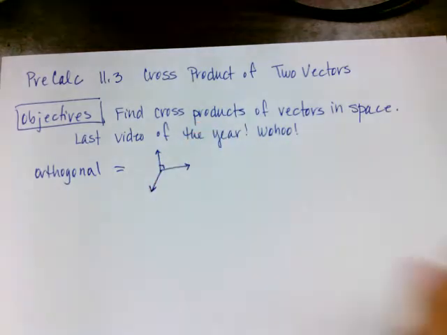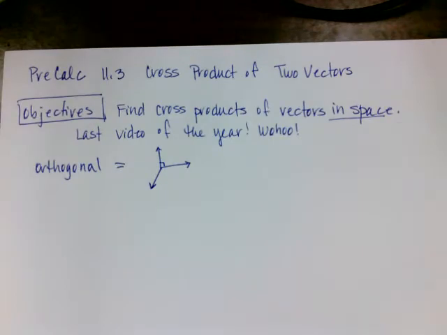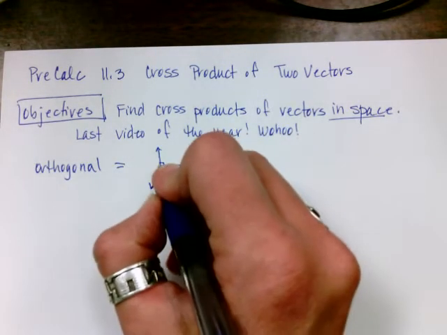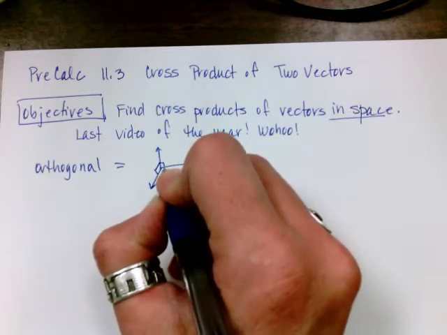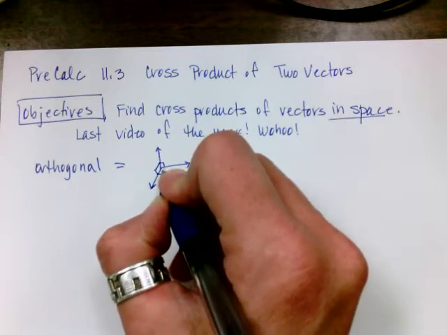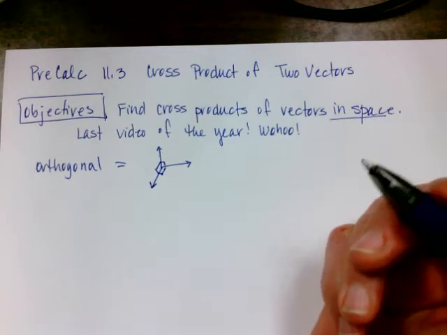In our three-dimensional system, because we're talking about in space, these two vectors are orthogonal because they are at right angles. Those two vectors are orthogonal because they are also perpendicular.